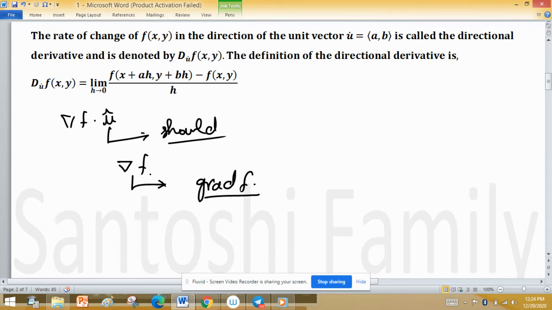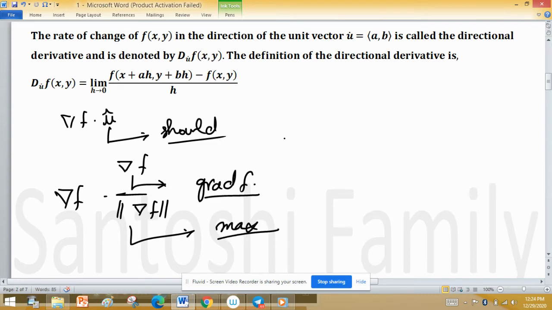We need to make it a unit vector, so we divide by its magnitude. So we should use del f dot del f upon norm of del f whenever we have to find the directional derivative in terms of maximum rate of change.